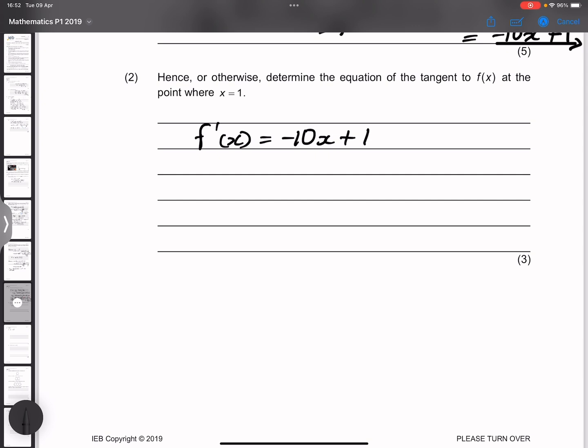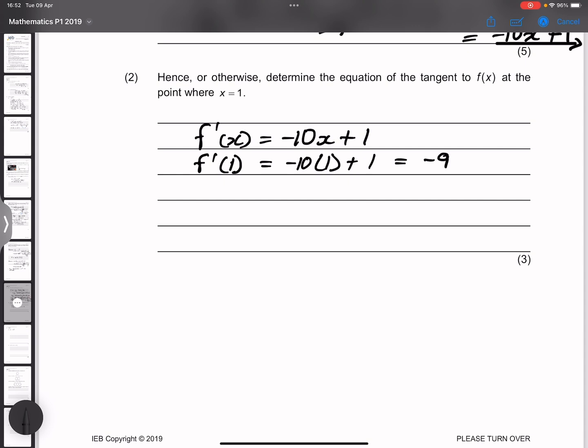So at x equal to 1, f prime at 1 is minus 10 times 1 plus 1, which gives us minus 10 plus 1, which is minus 9.